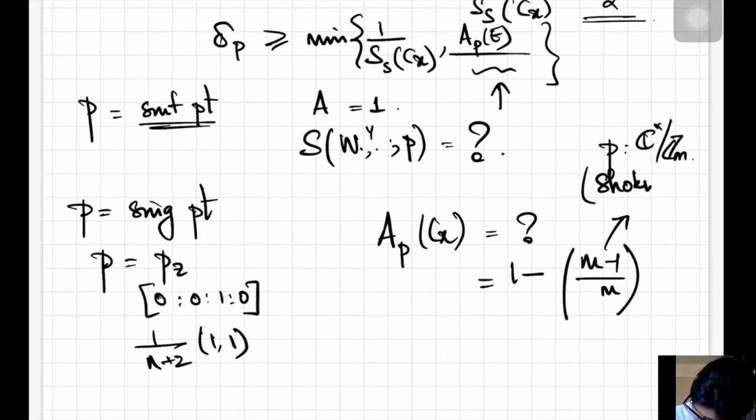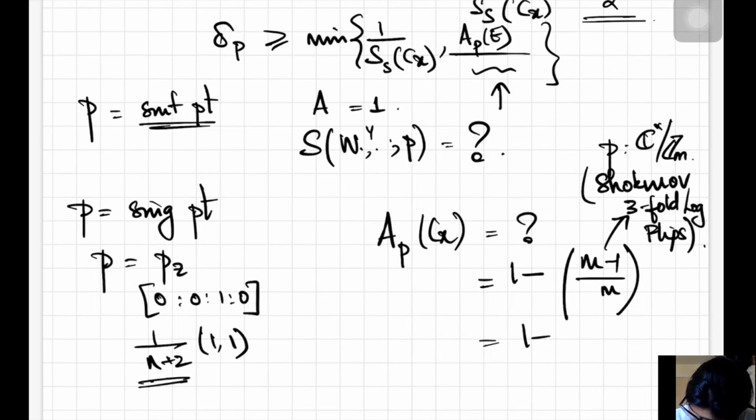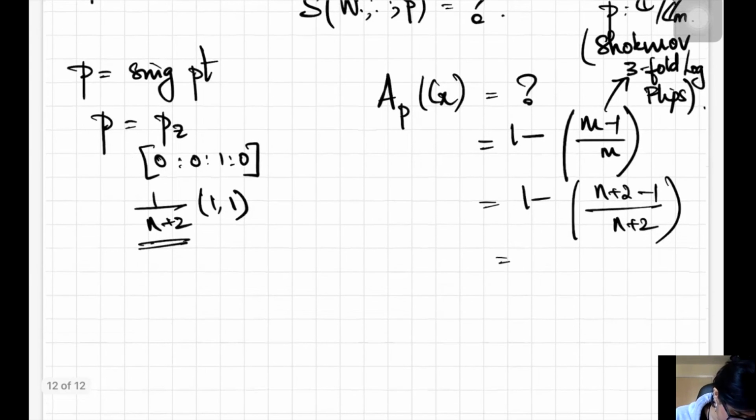This is Shokurov's result in 3-fold log flips. In our case, because m is just n plus 2, this is going to be 1 minus (n plus 2 minus 1) over n plus 2, so this is just going to be 1 over n plus 2.